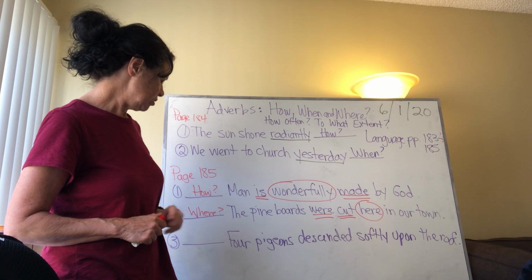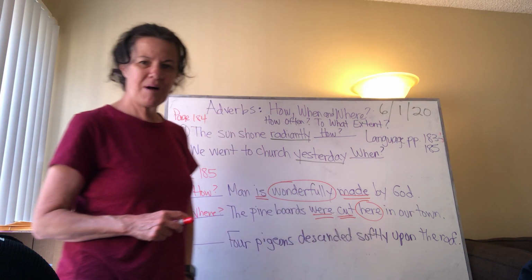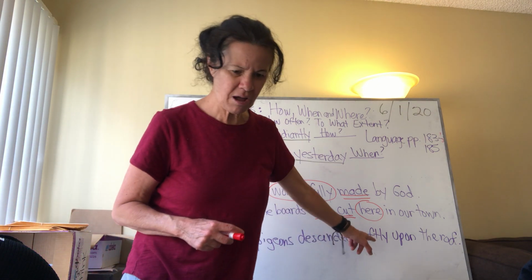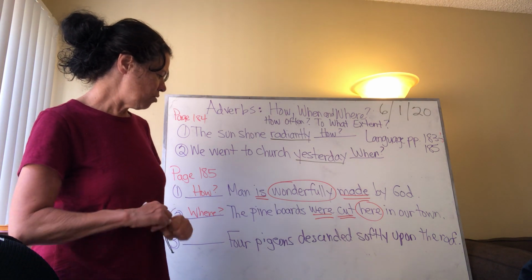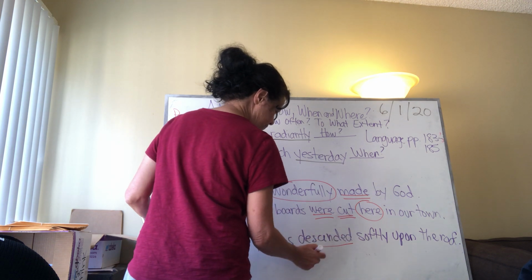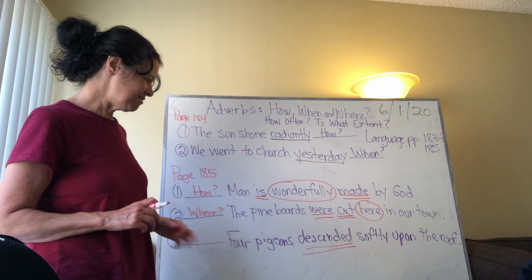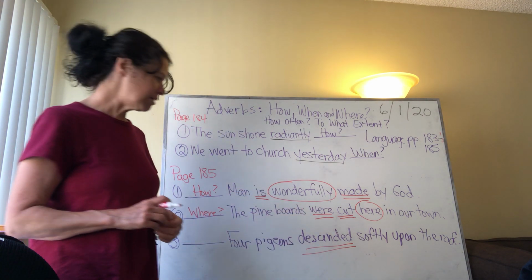Where? Look at number 3. 4 pigeons descended softly upon the roof. All right, so let's find our verb. I'm sorry, I gave you the adverb. Descended. That's our action, which means they came in for a landing, so to speak.